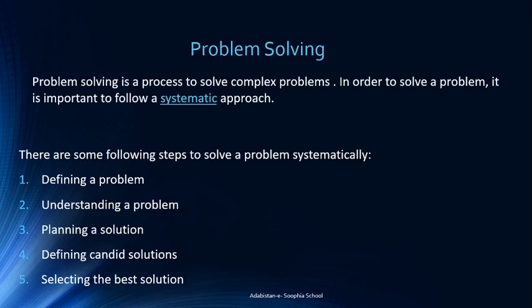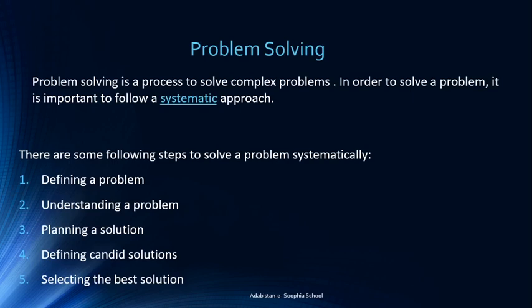First one, defining a problem. Second, understanding a problem. Third one, planning a solution. Then define candidate solution. Fifth one and the last one is selecting the best solution. Remember, you must follow these steps in sequence.